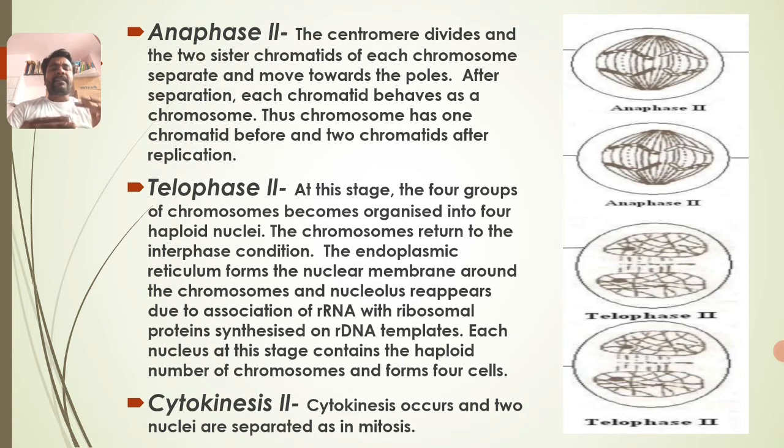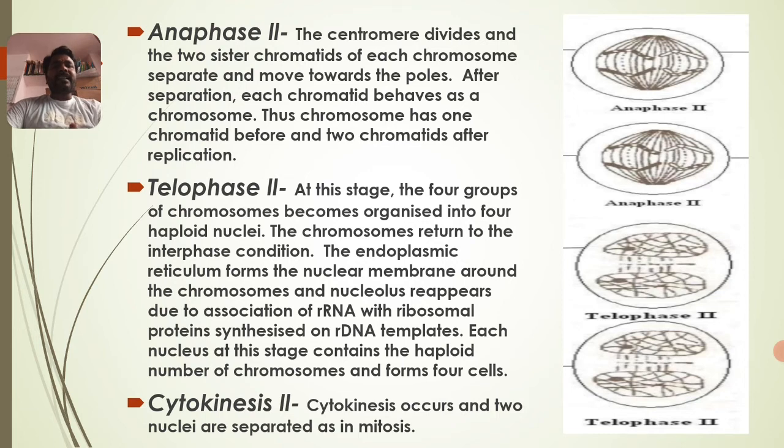During that time the centromere divides, and the two sister chromatids of each chromosome separate and move towards opposite poles.